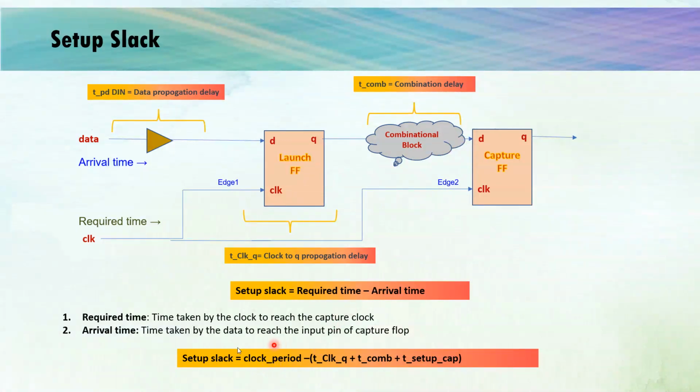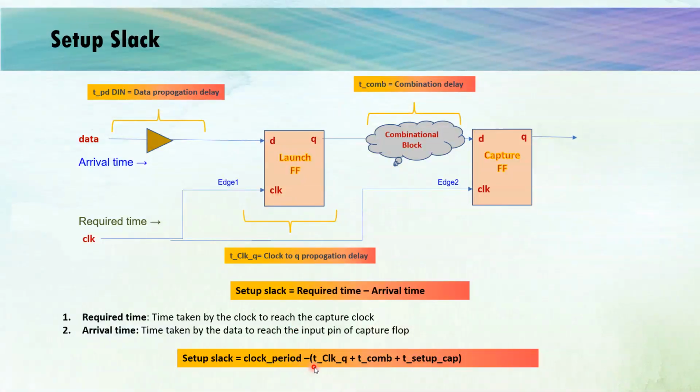The time taken by the clock to reach the capture flop is one time period, as both the launch flop and the capture flop are taking the same clock. So one clock period will be the required time, at which the second edge is going to come at the capture flip flop.